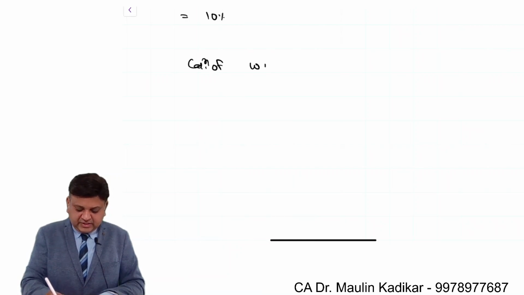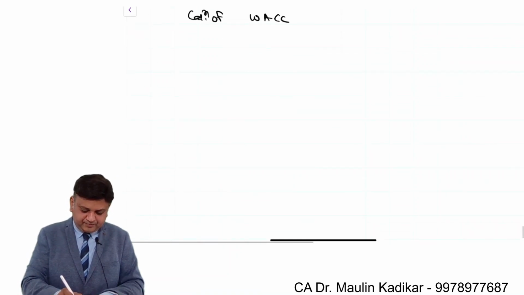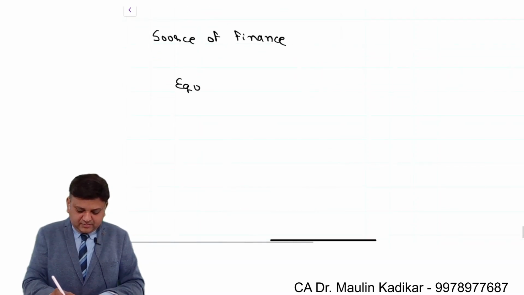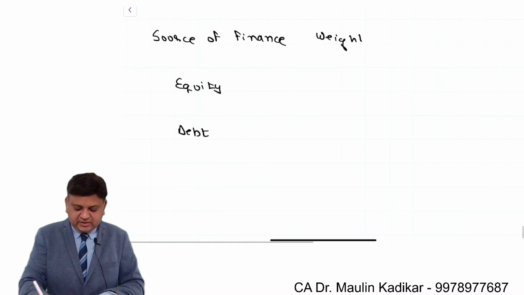Calculation of weighted average cost of capital. Again, there are two sources of finance. That is equity and debt. Weight or proportion in which the funds have been raised. It is 0.75 and 0.25.